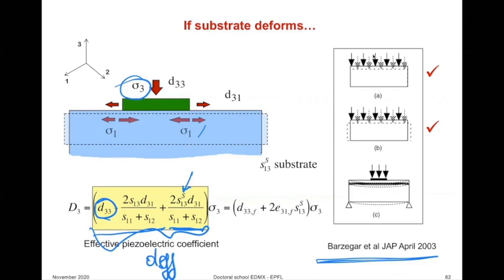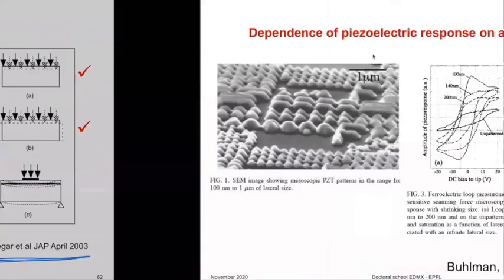And this can especially happen if you have bending. So if you have a thin film deposited on a substrate, which is also thin, and you bend them, then you would get a huge equivalent or effective piezoelectric coefficient much bigger than you have in piezoelectric ceramics.